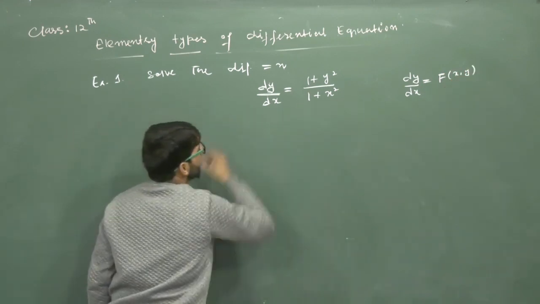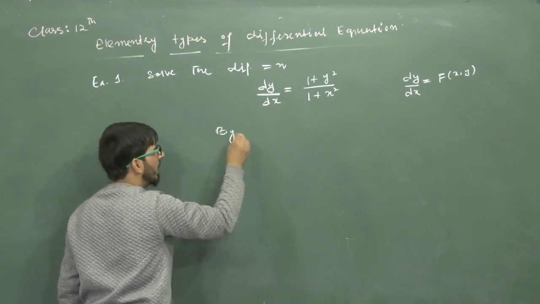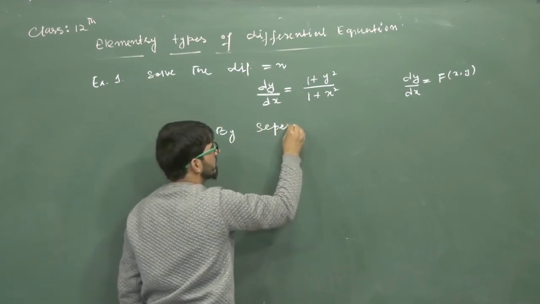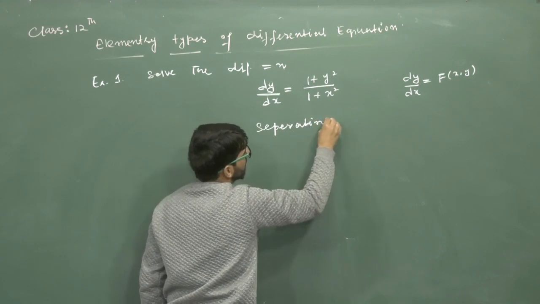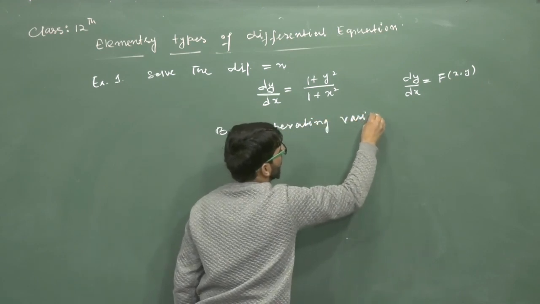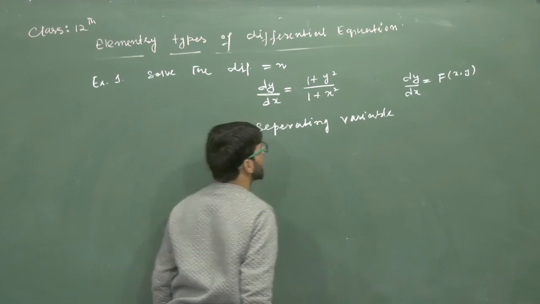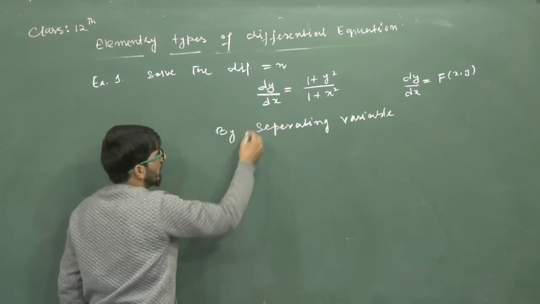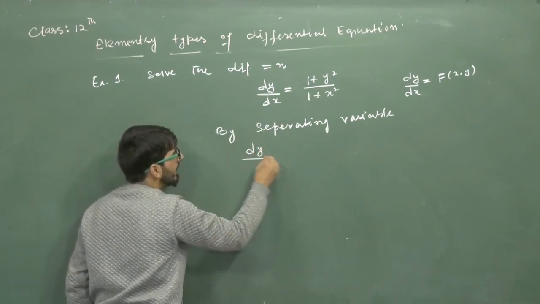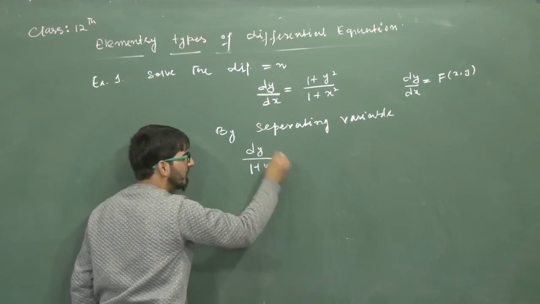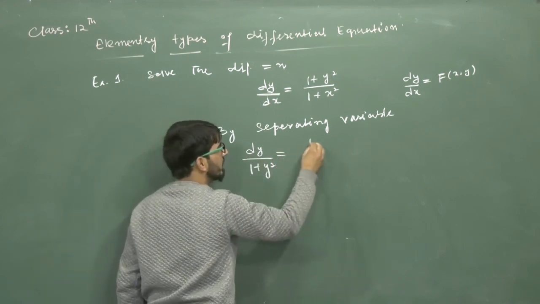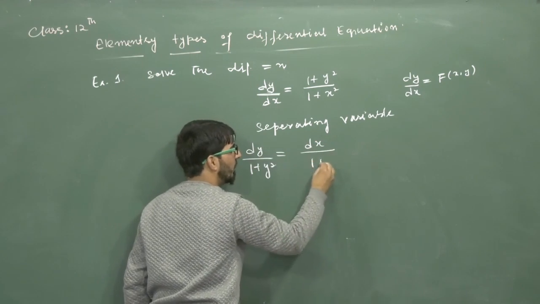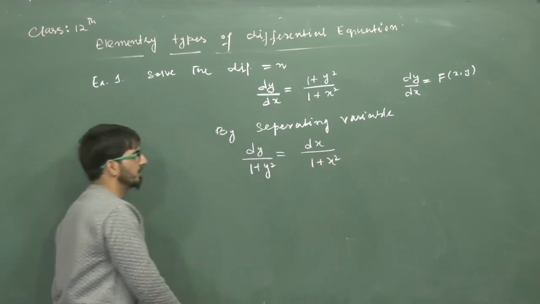So by separating variables here, we get dy divided by 1 plus y square is equal to dx divided by 1 plus x square.